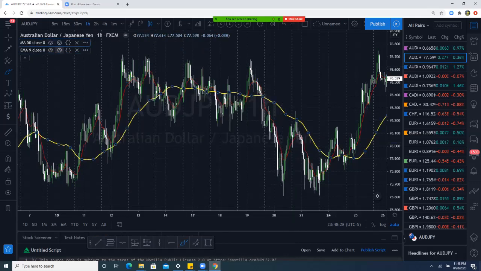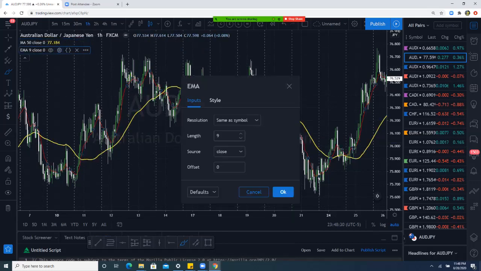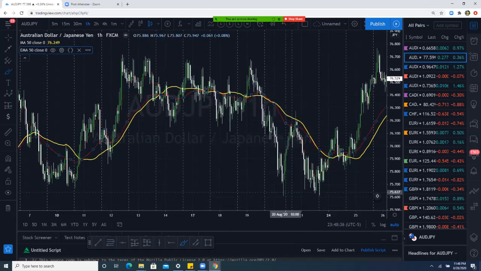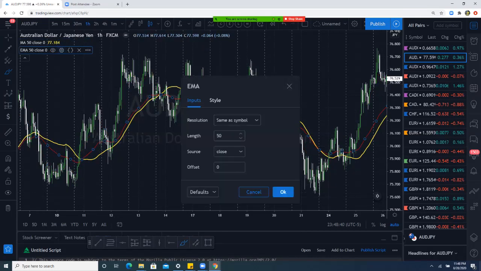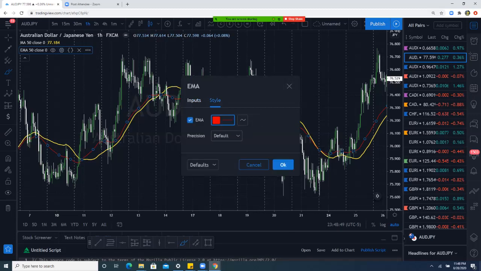So basically, the moving average is going to take the last 50 closing prices and make an average of them. And the exponential moving average is still going to take the last 50 closes, but it's going to give more emphasis to the newer price data, the more recent price data.